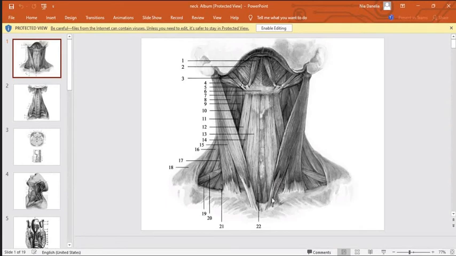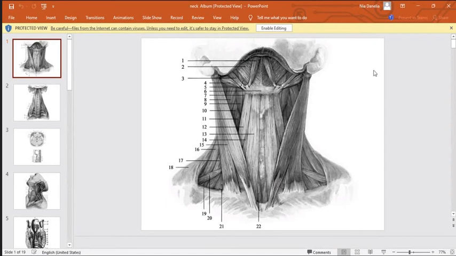Both these triangles anteriorly communicate at the midline of the neck, and deeply through this triangle we have all the organs of the neck region.